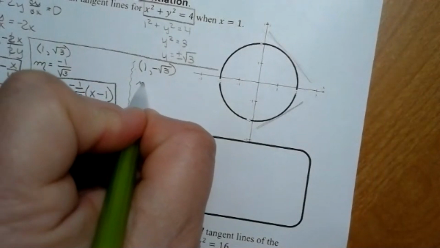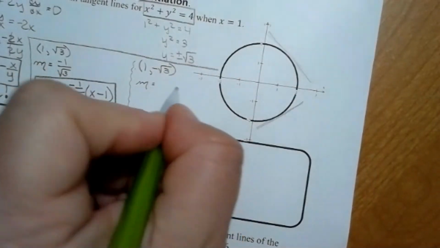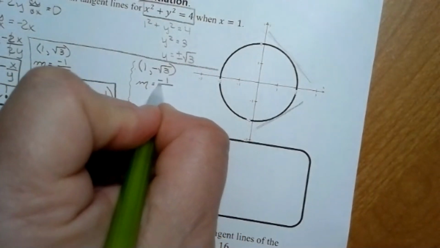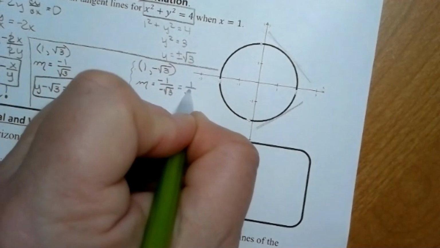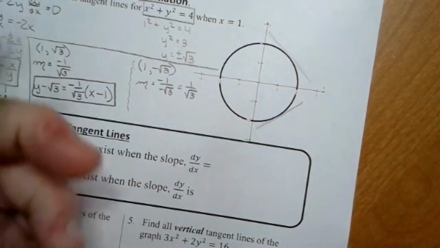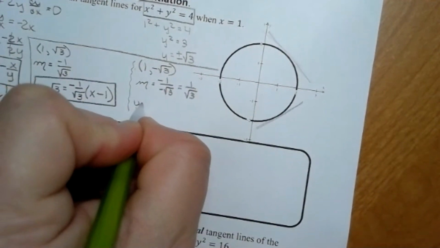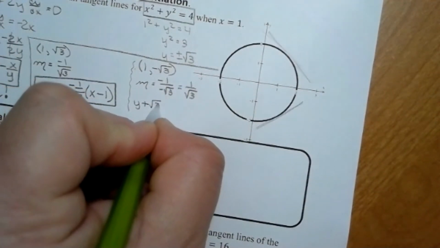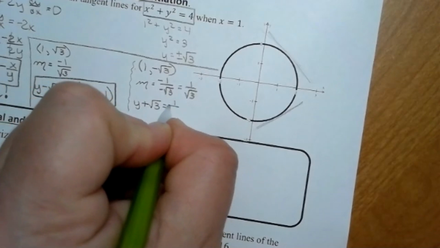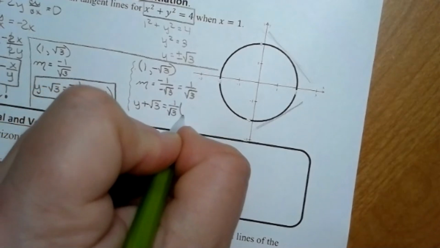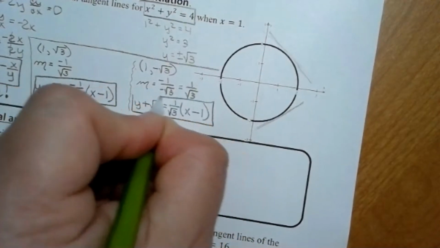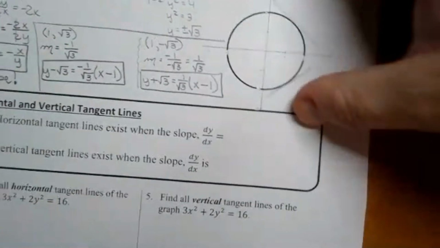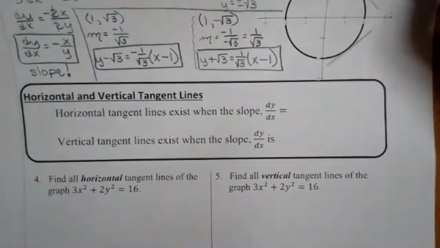And then for this one, my slope again, negative x over y, which is just 1 over root 3. So then my equation is going to be y minus negative root 3 equals slope times x minus 1. Okay, there's your tangent lines.